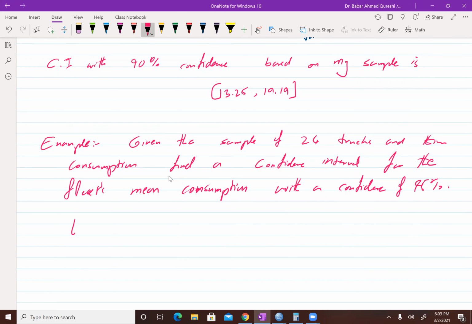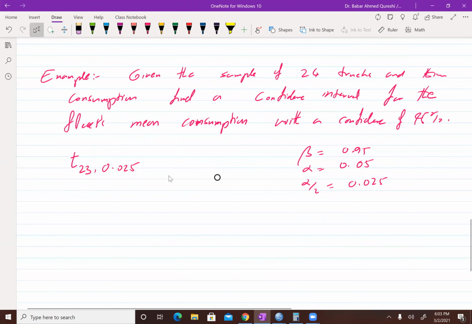So your t variable has 23 degrees of freedom, and for the critical value, beta is 0.95, alpha is 0.05, alpha by 2 is 0.025. And the cumulative probability you have to find is that t is less than this critical value.